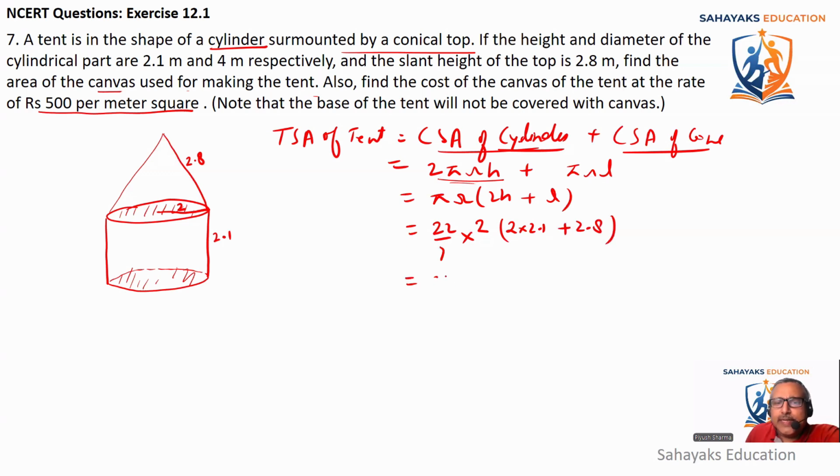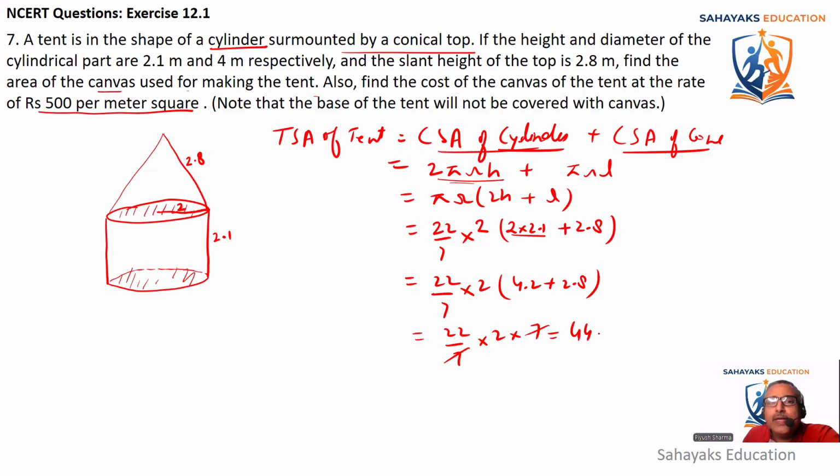So it comes as 22 by 7 into 2 into 4.2 plus 2.8. 4.2 plus 2.8 comes out to be 7. So it comes out to be 22 by 7 into 2 into 7. So 7 will cancel out with 7. It comes out to be 44 square meter.